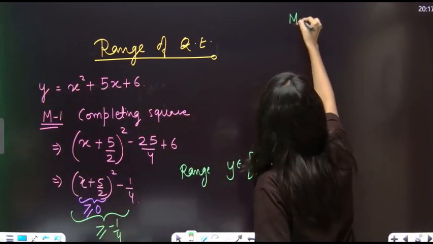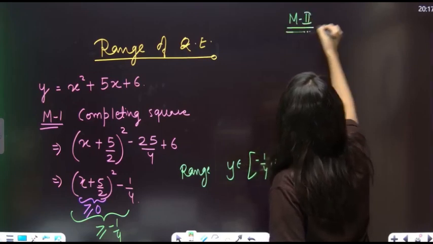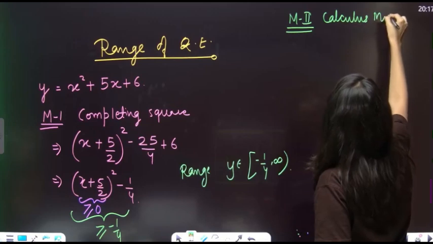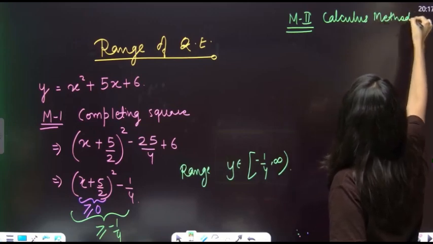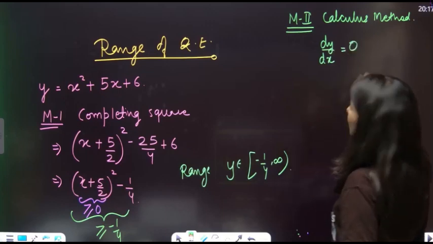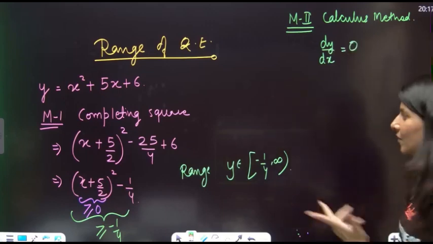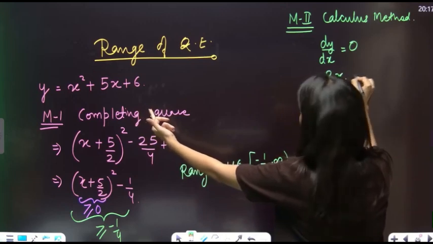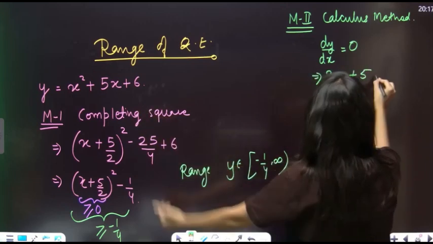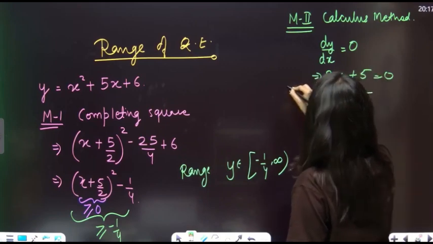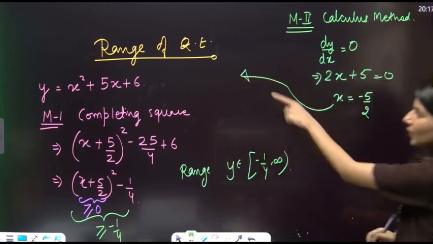Now method number 2. This is your calculus method, wherein you need to differentiate it and make it 0. dy by dx equals 0 will give you minimum or maximum value, depends. If you differentiate, 2x plus 5 equals 0, that means x equals minus 5 by 2. So put x equals minus 5 by 2 in the original question.